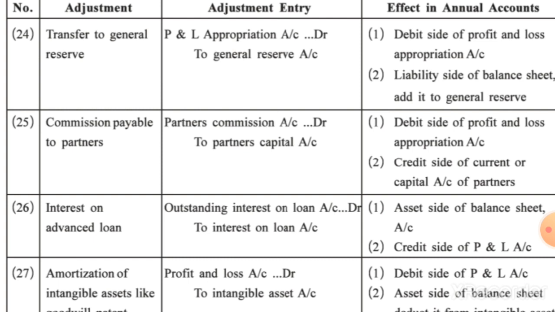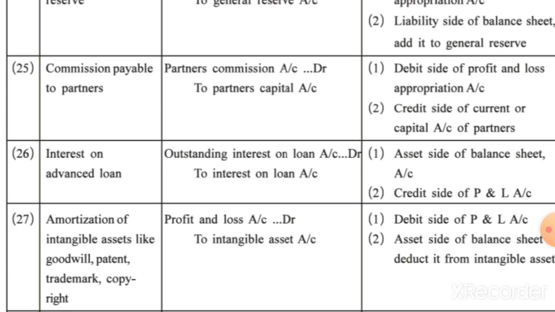So entry would be outstanding interest on loan account debit to interest on loan account credit, because that much amount of interest you will receive. You have given the loan to the third party, so the amount of interest you will be receiving would be your asset. So first effect, that would be asset side of balance sheet, and it would be your income or gain because that much amount of interest firm will receive, so credit side of P&L account.